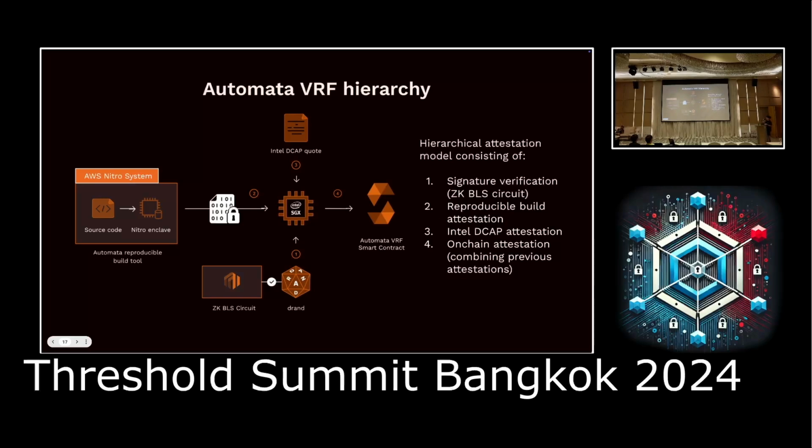So that's the hardware attestation. And for the final one, we need to ensure everything is running correctly. For each round, the randomness output is signed inside the TE enclave, and we need to verify this on the smart contract. So the final one works as an aggregated attestation for the period.